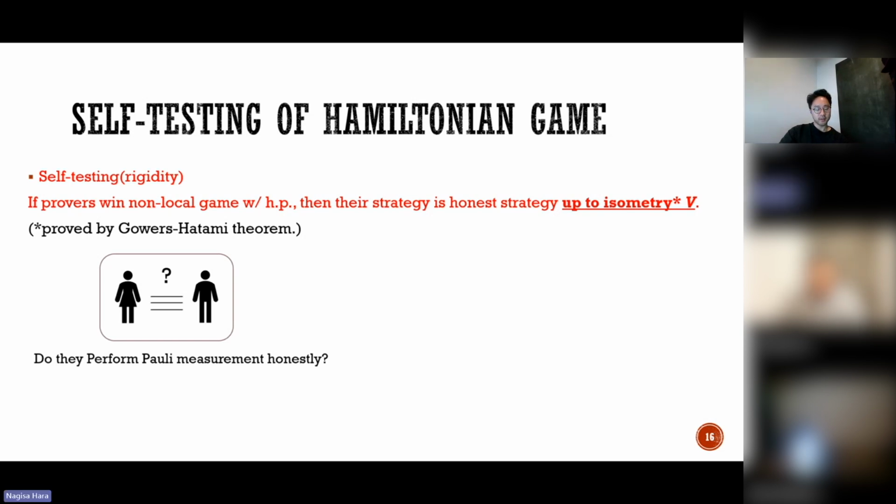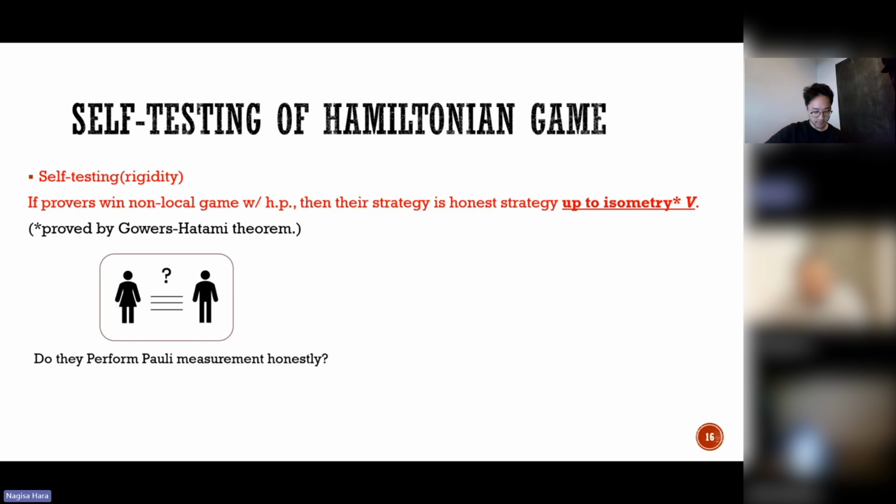A visual explanation of self-testing is that, for example, you consider the knockout game with two non-communicating provers. By the nature of quantum mechanics, you don't know if they really share entanglement, nor if they perform the right Pauli measurements honestly or not.